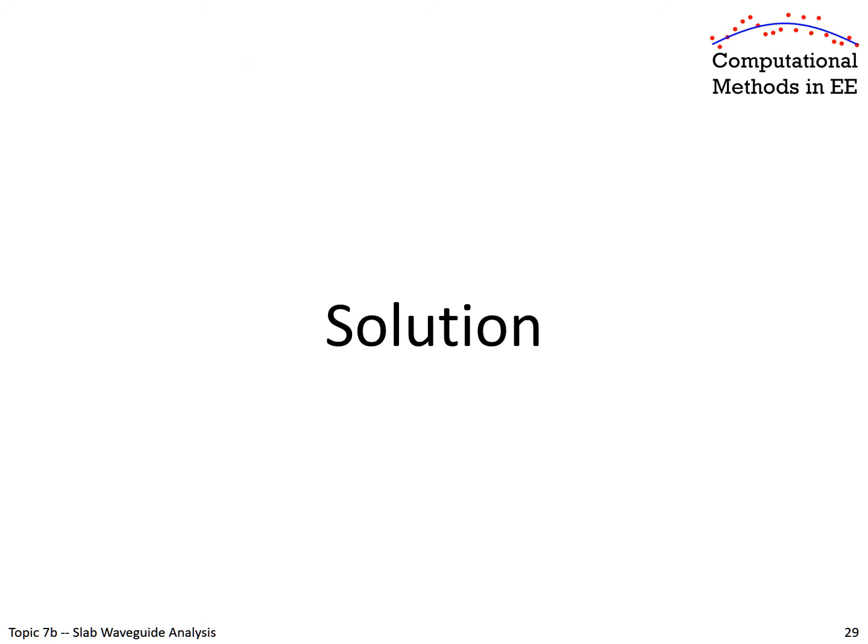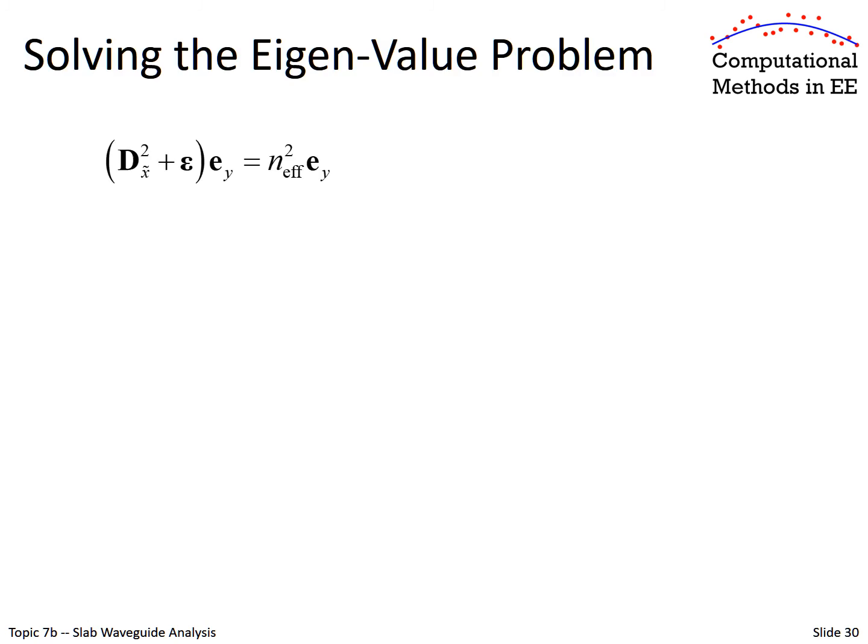Now that we have the equation we want to solve, let's talk about what that solution looks like. After that, we'll talk about how to actually do this analysis in MATLAB. So we have this matrix equation in the form of an eigenvalue problem that we need to solve.